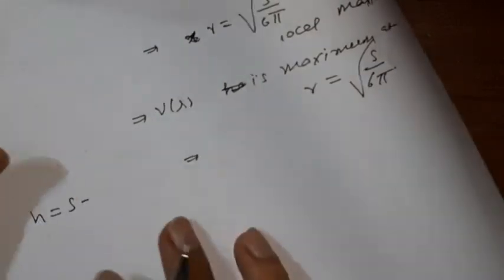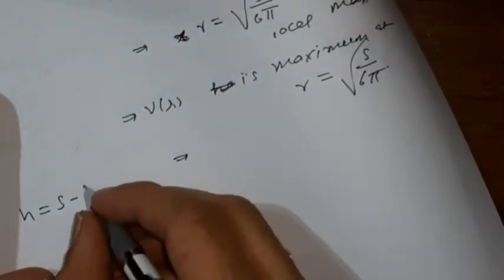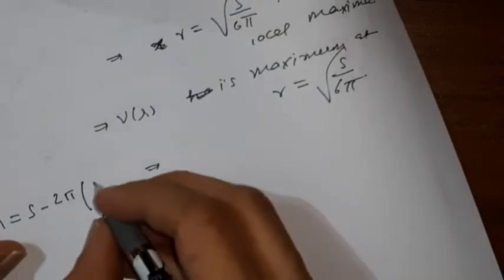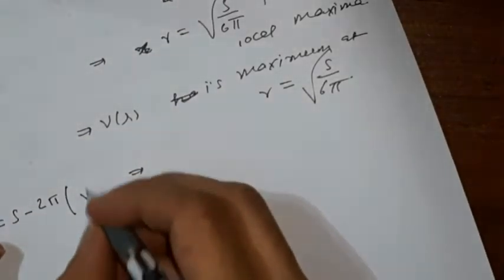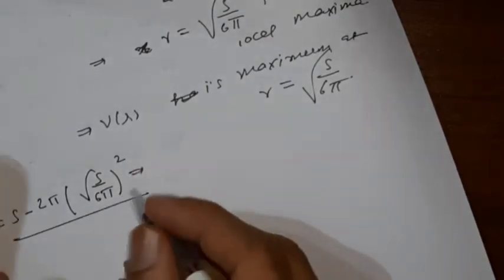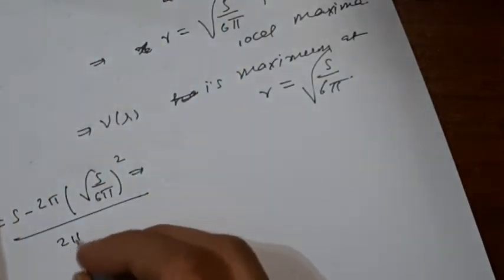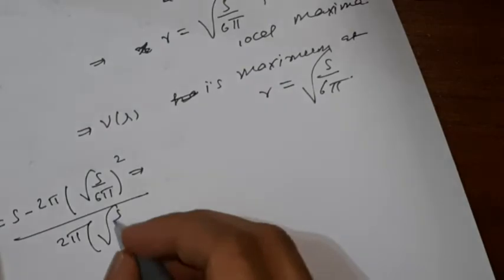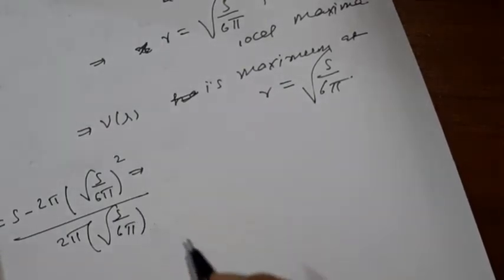h is equal to s minus 2 pi r square, so root s by 6 pi the whole square, divided by 2 pi r, that is again root s divided by 6 pi.